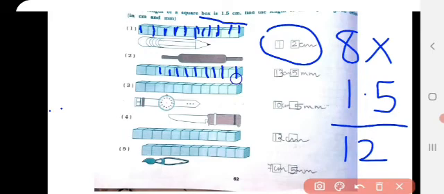So again you multiply 9 into 1.5 centimeter. Now your answer will not be a whole number. Your answer will be 13.5. That means 13 is centimeter and 0.5 is millimeter. Right? I cannot write 135. If you have 3 numbers, the first 2 numbers will be your whole number and the last will be your number after the decimal point.